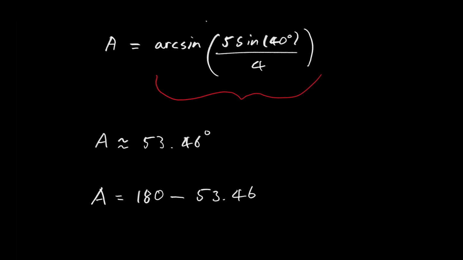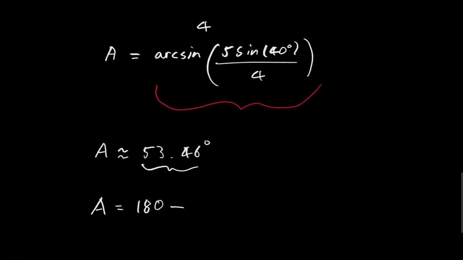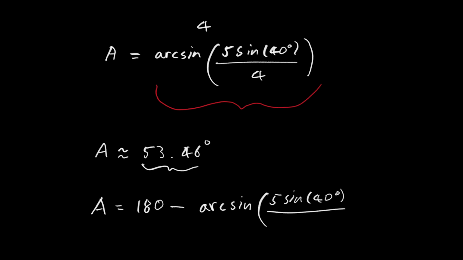Given that this is an approximation, it might be tempting to find the other value for A by writing something like this. But because you have an equal sign here, not an approximately equal sign, you shouldn't do that, because your answer would be an approximation. Instead, you should subtract this here. So to find A, it would be 180 minus the arc sine of 5 times the sine of the angle 40 degrees divided by 4.